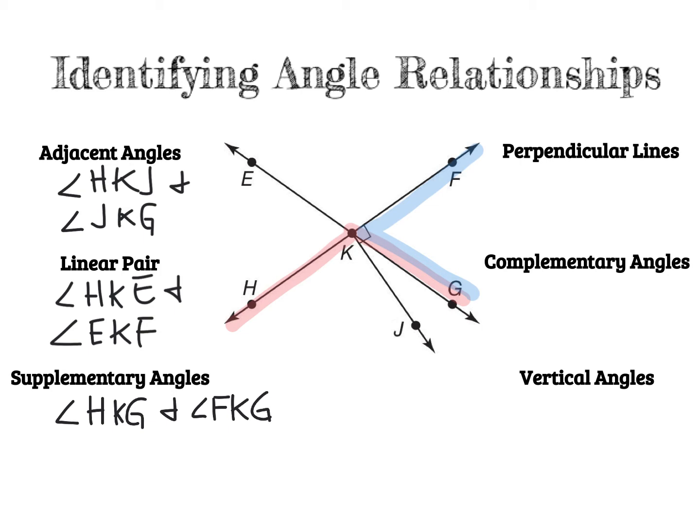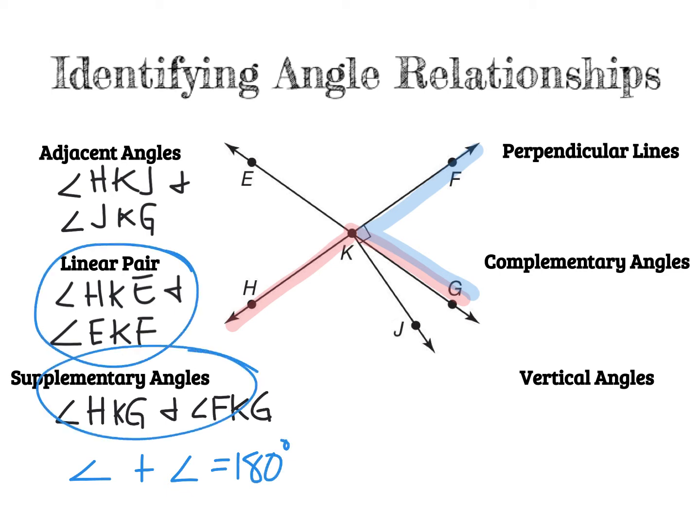Okay, the key thing here with linear pair and supplementary angles is that together they'll always add up to 180 degrees. So the angle plus the other angle should always equal 180 degrees. And that is true for a linear pair and for supplementary angles. Those two will add up to 180.